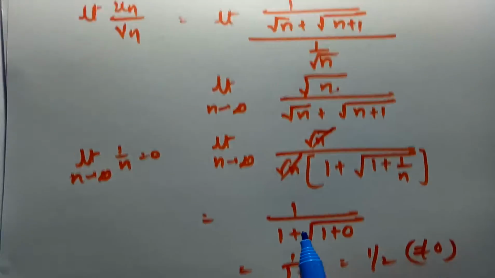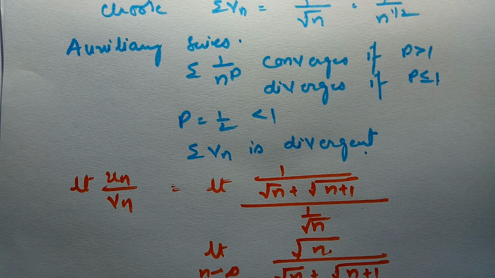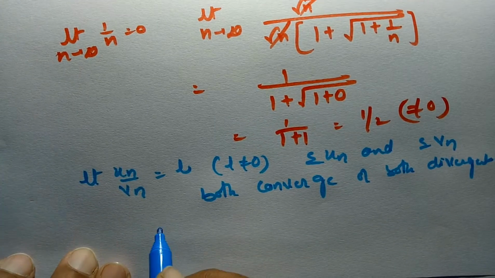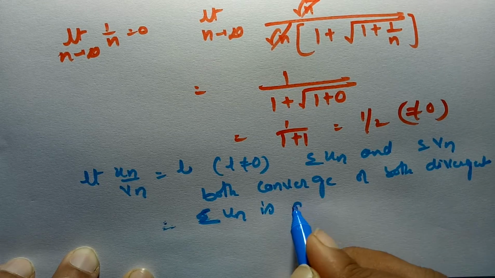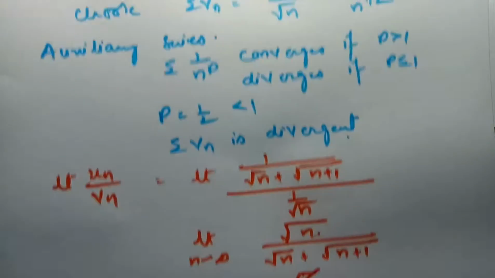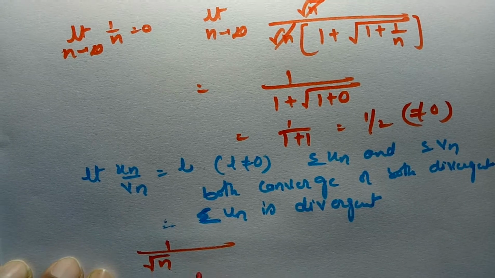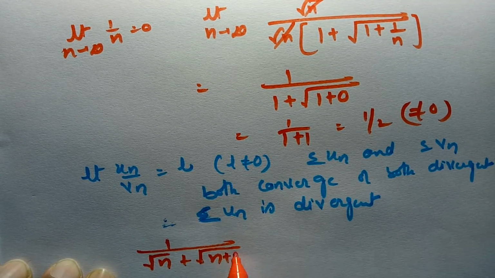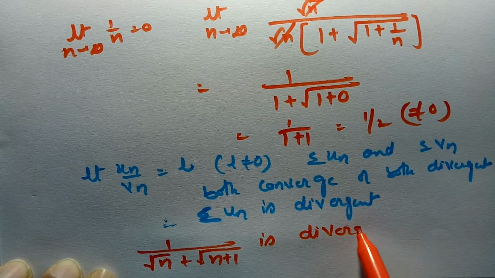According to the comparison test, if Vn is divergent, automatically Un is also divergent. Therefore sigma Un is divergent. What is sigma Un? Sigma Un is nothing but the question itself, which is equal to 1 by root n plus root n plus 1, is divergent. So this is how we have to test.